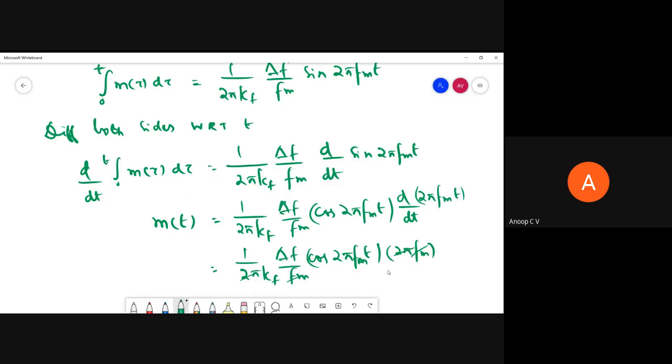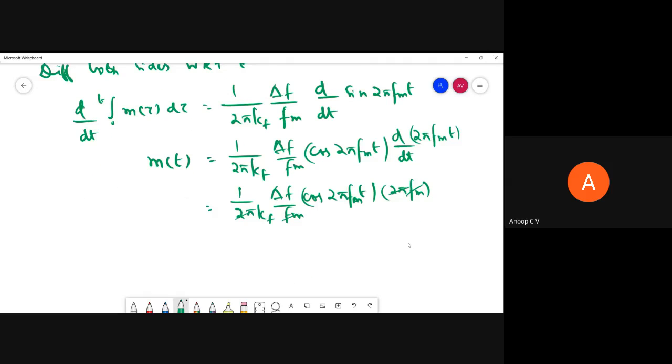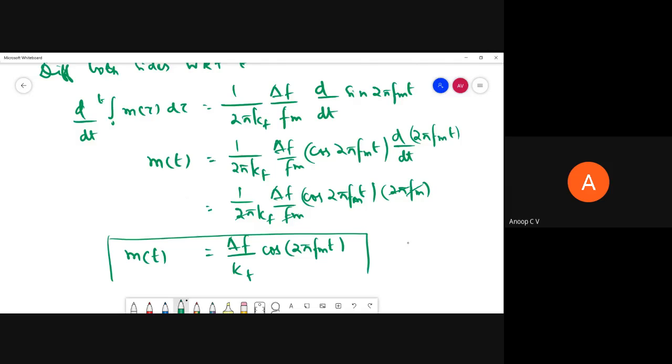So that is our message signal, m of t is equal to delta f by kf cos 2 pi fmt. We got what is the message signal.